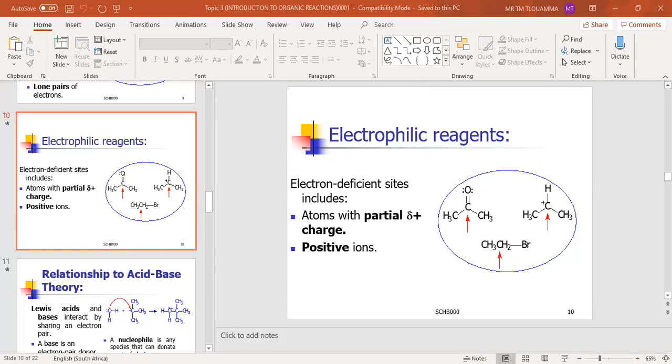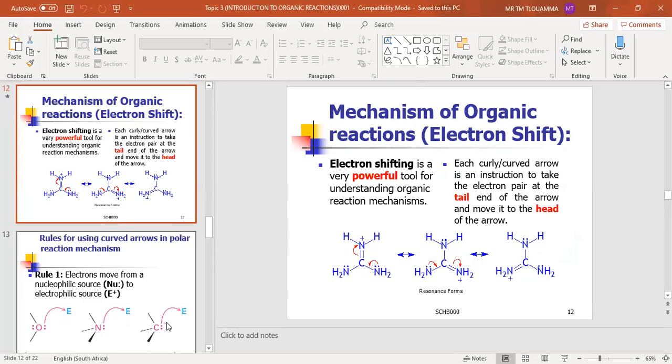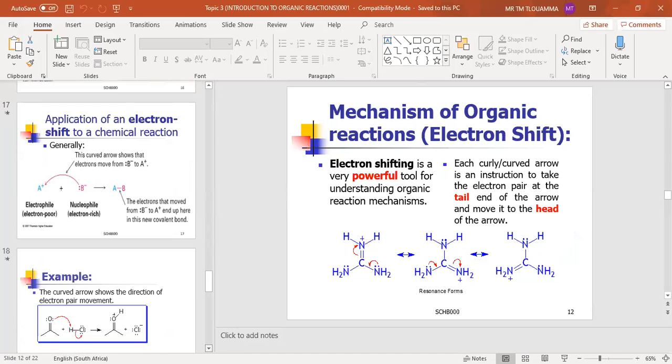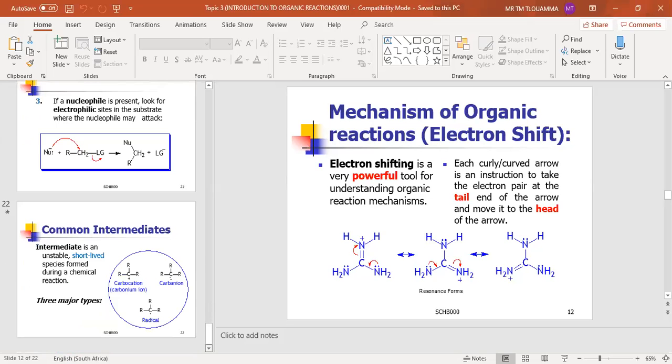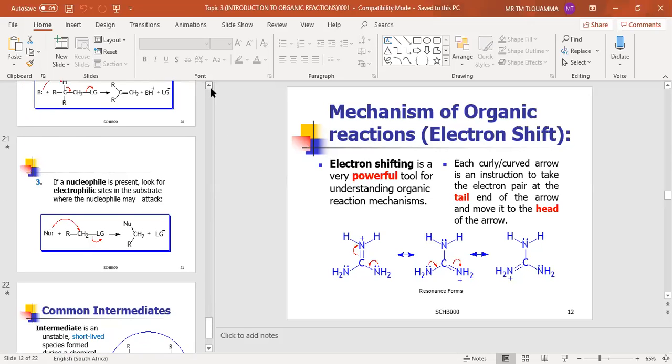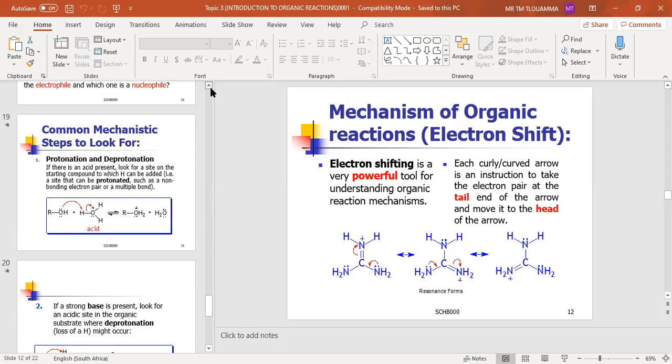The relationship to acid and base and the mechanisms, we're going to do tomorrow late, and then we'll be done. The mechanisms and examples are not that much, they just need a fresh mind so that we can understand the differences.